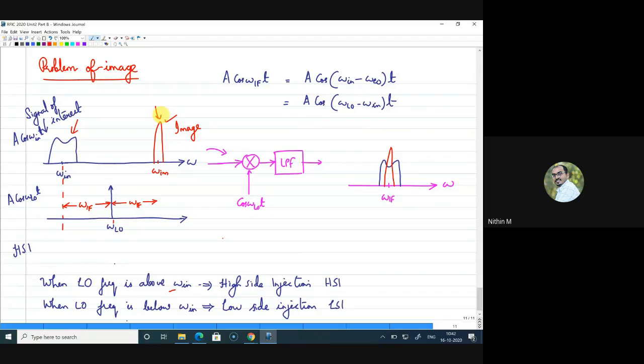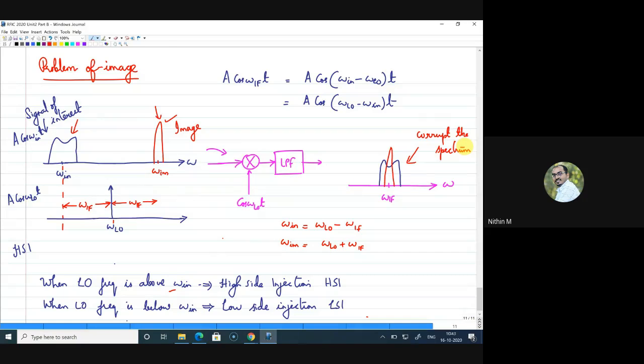So the desired signal omega in is at omega LO minus omega IF, and the image frequency is at omega LO plus omega IF, right? After mixing, both omega in and omega IM appear at the same frequency, and this will definitely corrupt the desired spectrum. So this is called the image problem.